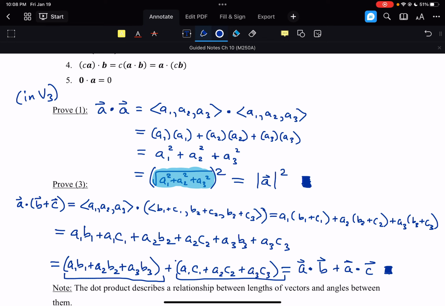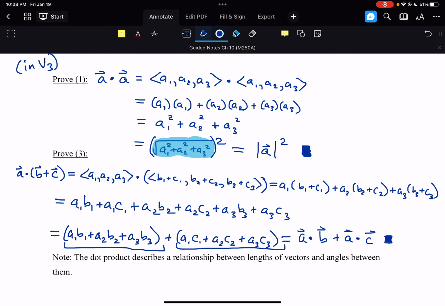And then in these cases, you apply that to a definition right here, or in this case, split it back up and turn it back into vectors again, right? So we turned it from vectors into scalars, and then from scalars back into vectors. And that's how a lot of these types of proofs go.